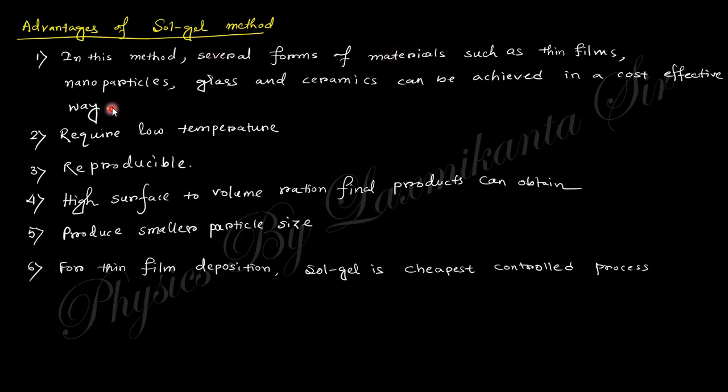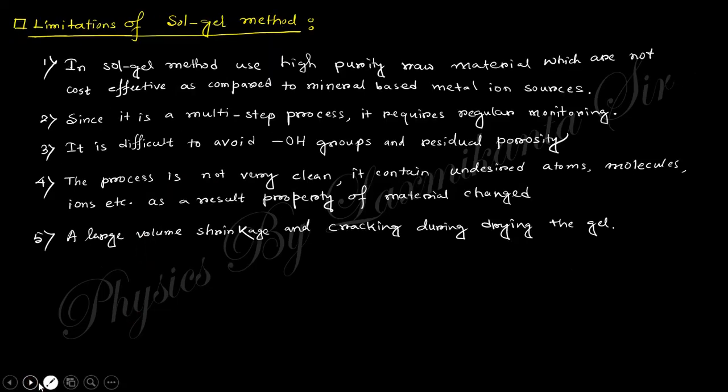The advantage of the solvent method is that it is a simple method, requires low temperature, and is reproducible, with a high surface to volume ratio. Final production can be obtained. The limitation or disadvantage is that it requires high purity raw materials, which are not cost effective compared to minimal based metal ion sources.